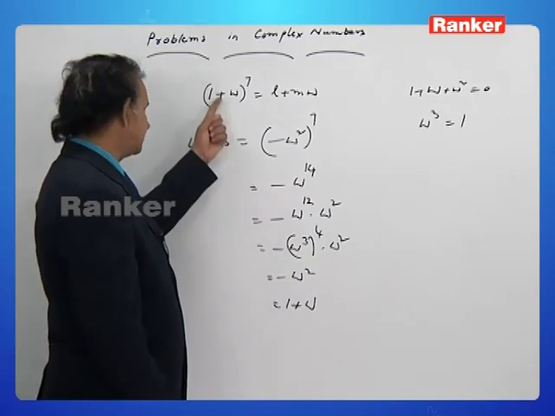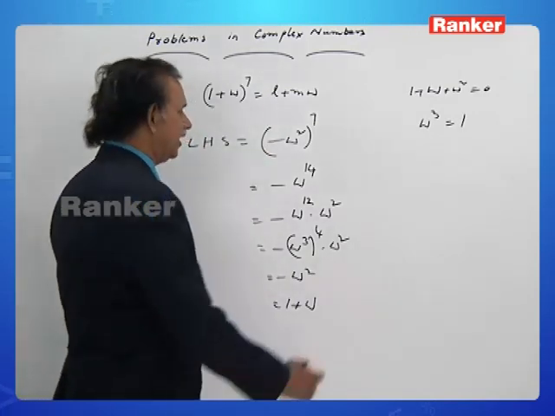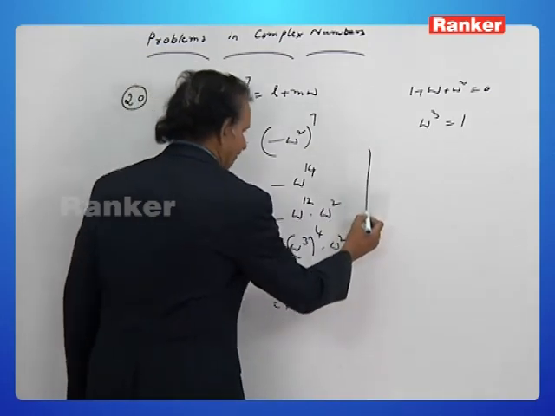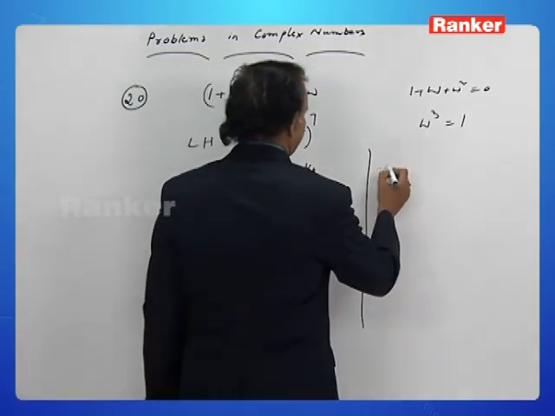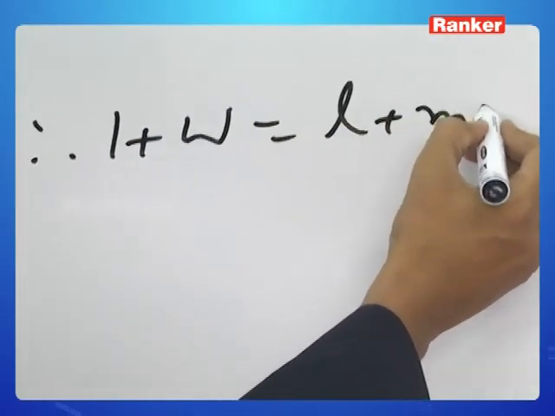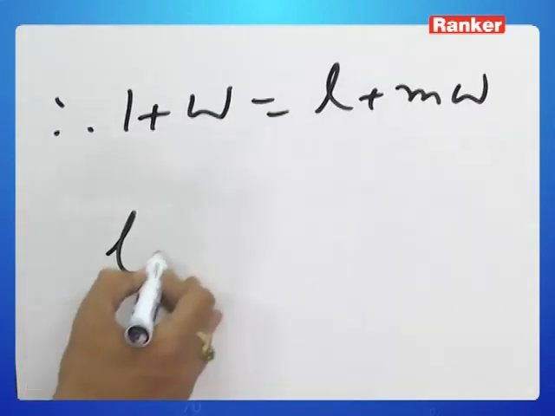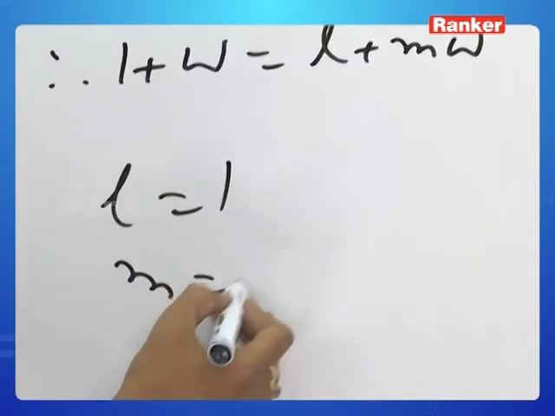Well, LHS is 1 plus omega, RHS is L plus m omega. What can you have? Therefore, 1 plus omega is equal to L plus m omega. Hence, by comparing, L is equal to 1 and m is equal to 1.